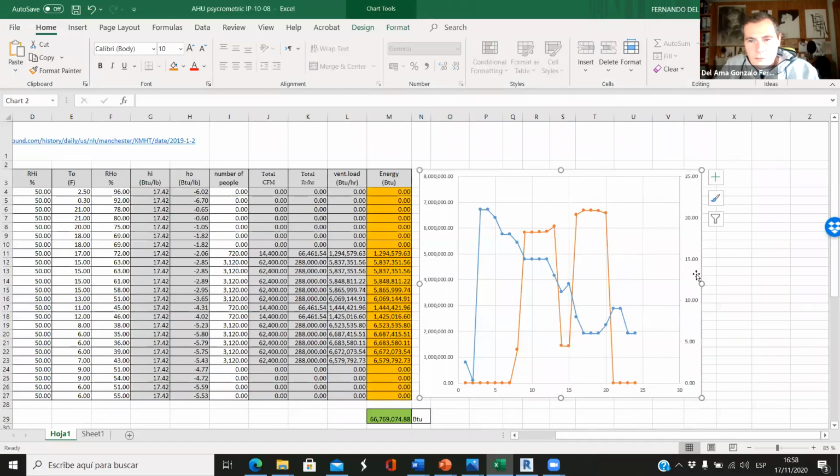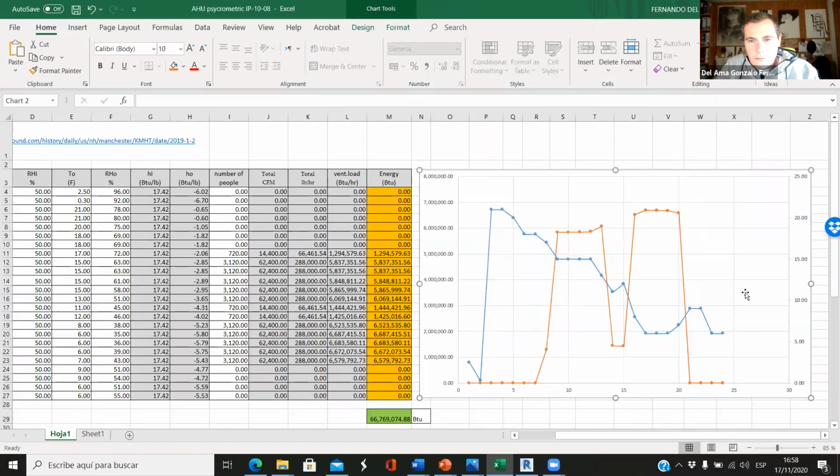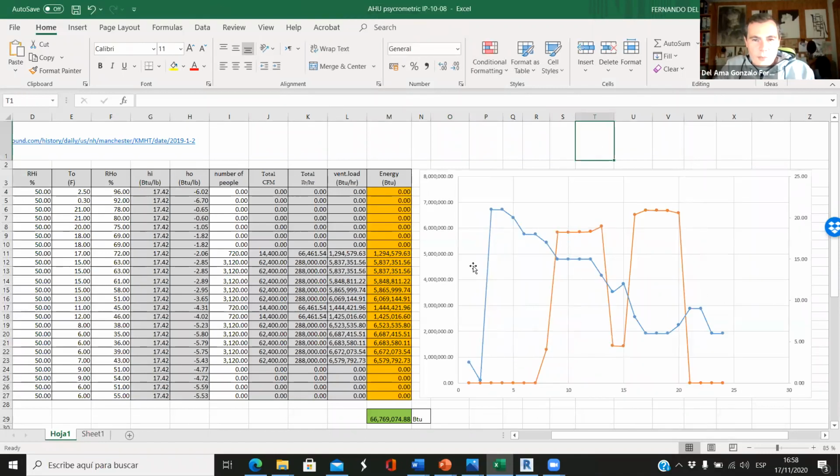Okay, so now we have the outdoor temperature, and the values of outdoor temperature are from 0 to 25. If you hover the mouse here, you see that at this point, the value is 21 Fahrenheit. And if you click here, the value is 6,069,000, whatever.